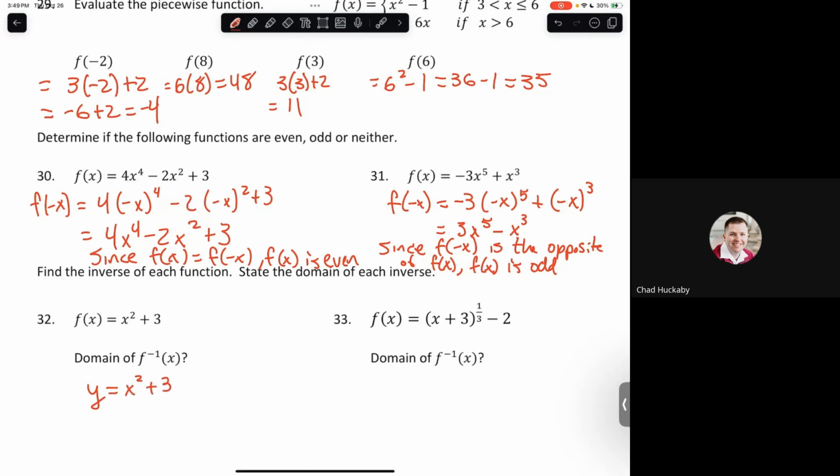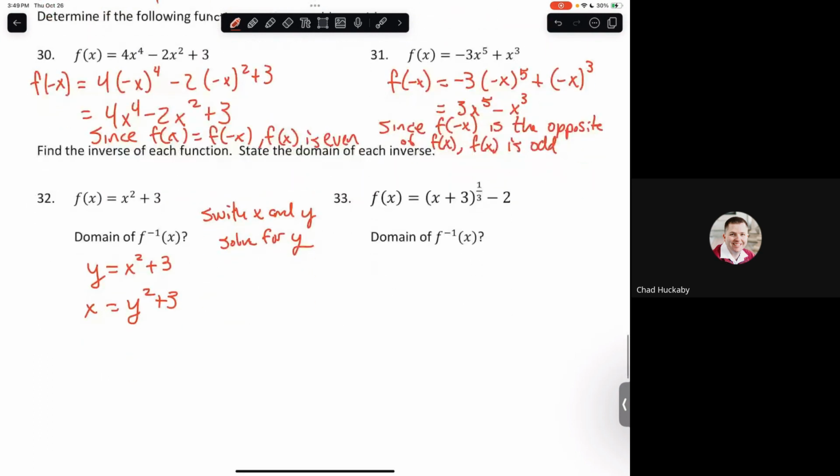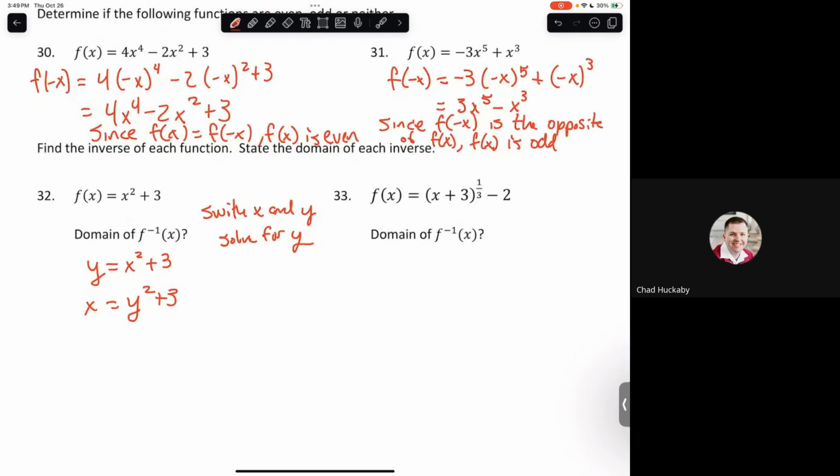If we want to find the inverse, we switch the x and y and then solve for y. So x is equal to y squared plus 3. Then we can subtract 3 from both sides, and we get x minus 3 is equal to y squared.